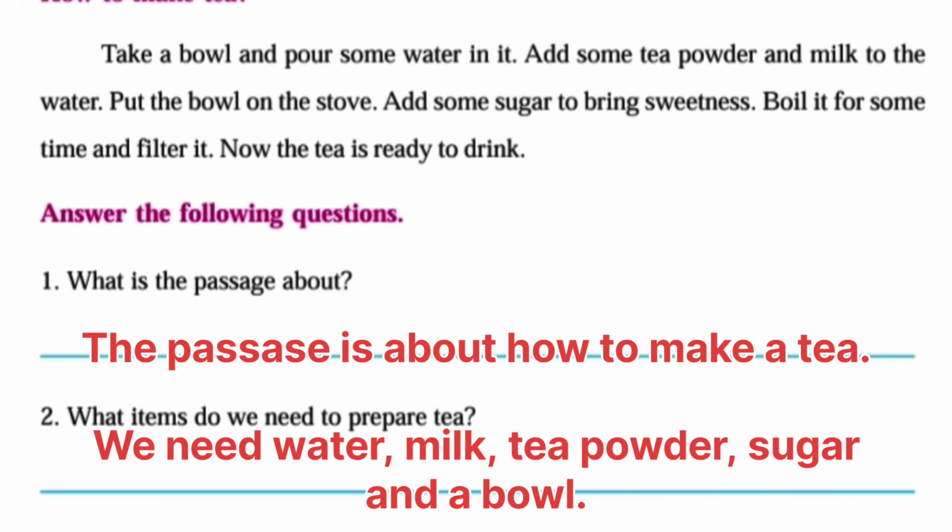Now answer the following questions. What is the passage about? The passage is about how to make a tea. Next, what items do we need to prepare tea? We need water, milk, tea powder, sugar, and a bowl.